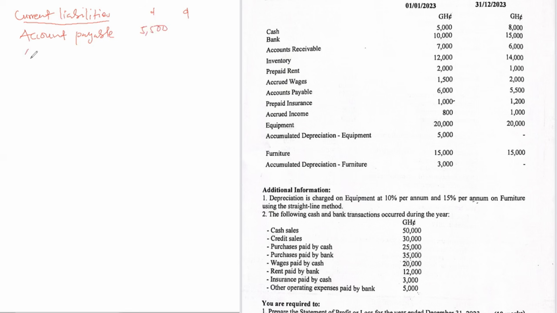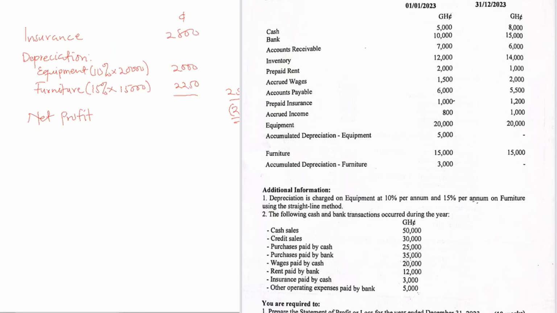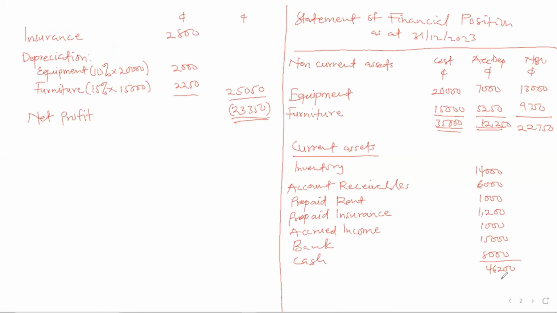Then we have the accrued wages, which is also a liability, which is 2,000. So when we add this, we will get 7,500. So the 7,500, we will less it from this 46,200.